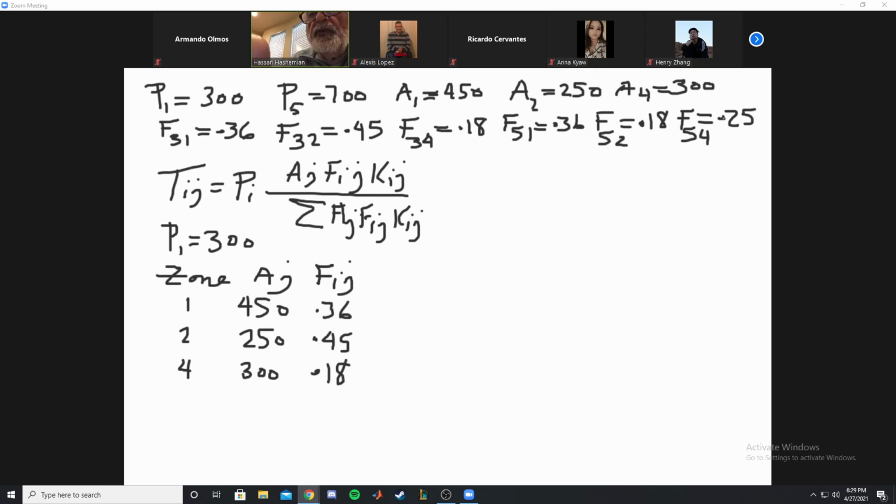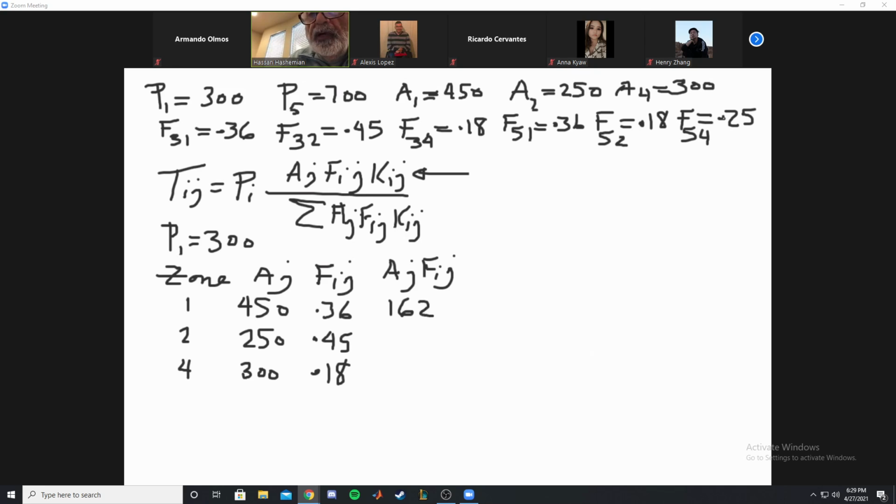So the first thing we want to do, the numerator. If Kij equal to 1, all we have to do is just find the Aj Fij. Exactly like the example problem in the book or the homework you did. So you multiply 450 by 0.36, you get 162.